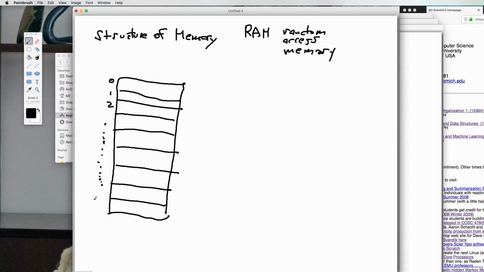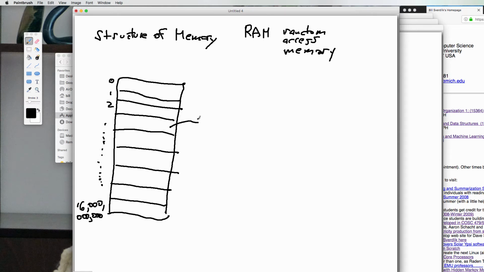For example, on a computer today, it might go up to 16 billion.